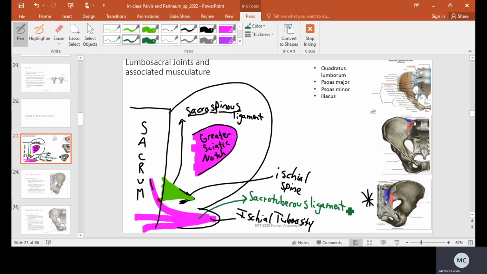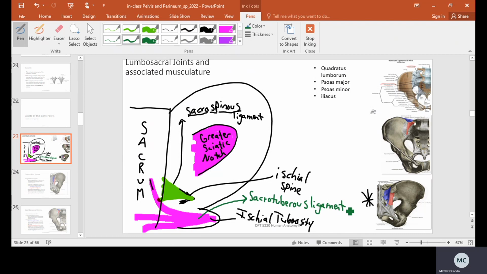Now, as you can see, the sacrospinous ligament and the sacrotuberous ligament are very large, and they're going to give another point of stability to this entire unit. Remember how I said my pelvis is a very, very stable object.